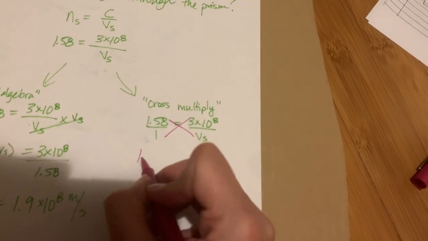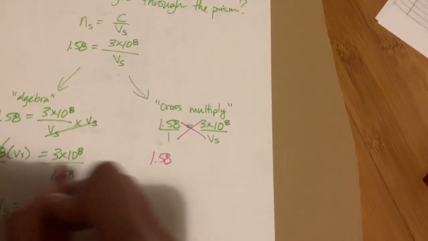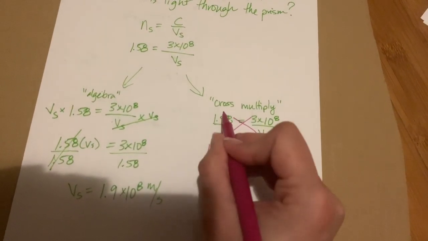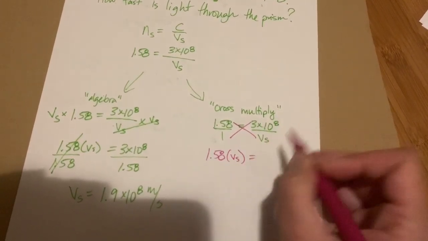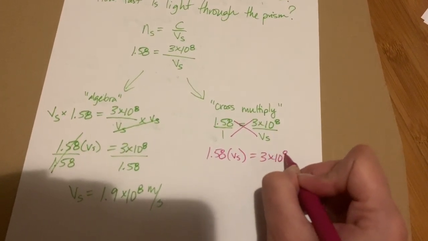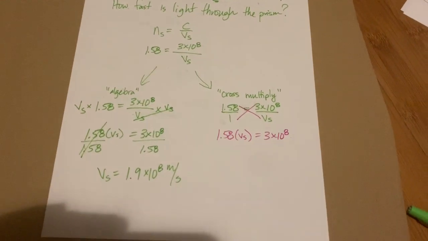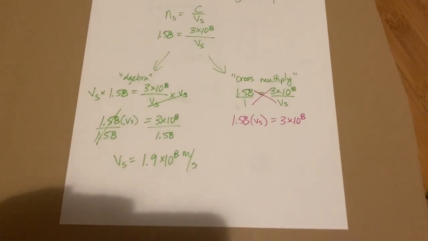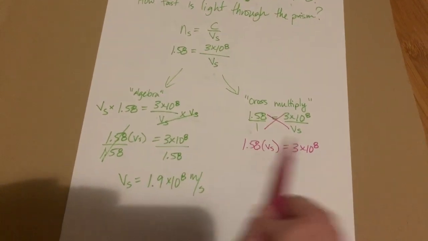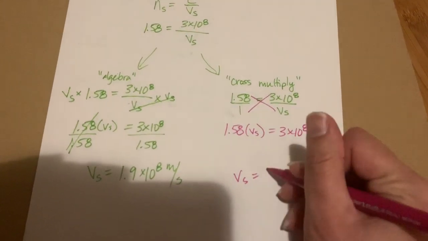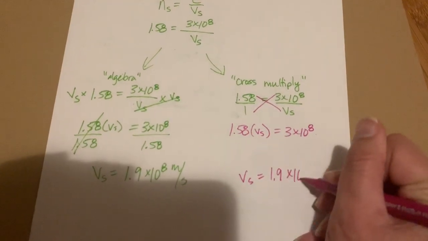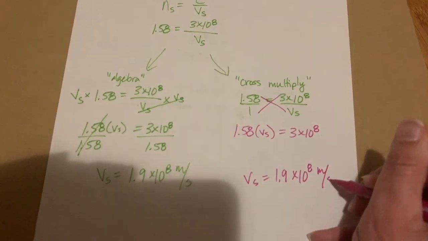And lo and behold, we get the exact same thing in this step over here. 1.58 times v_s equals 3 times 10 to the 8. So whichever method makes more sense to you, use that one. But nonetheless, in both of these methods, you get the exact same answer, which is 1.9 times 10 to the 8 meters per second.